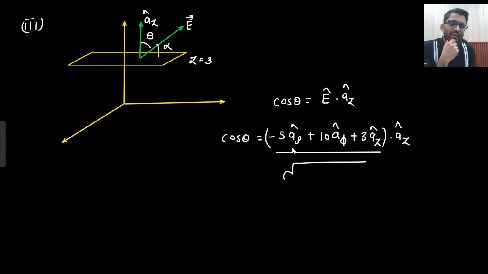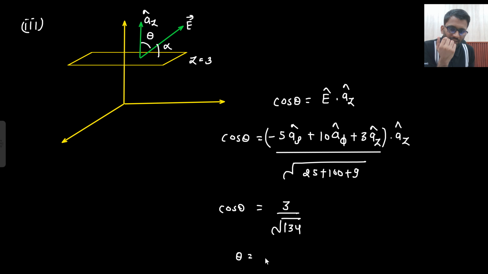So what I'm gonna write here? 25 plus 100 plus 9. So if I solve it, what I'm gonna get? Aero dot AZ 0, A phi dot AZ 0, AZ dot AZ 3 divided by 134. 3 divided by 134.